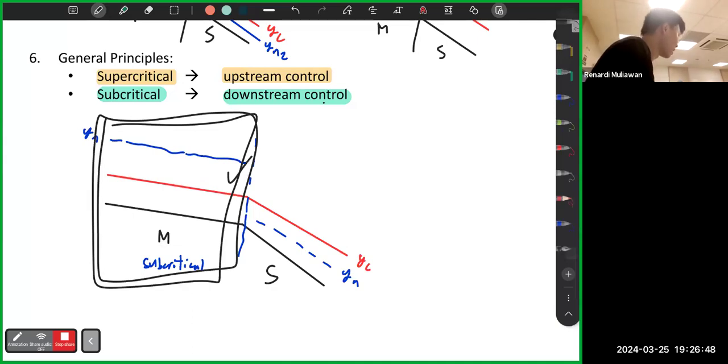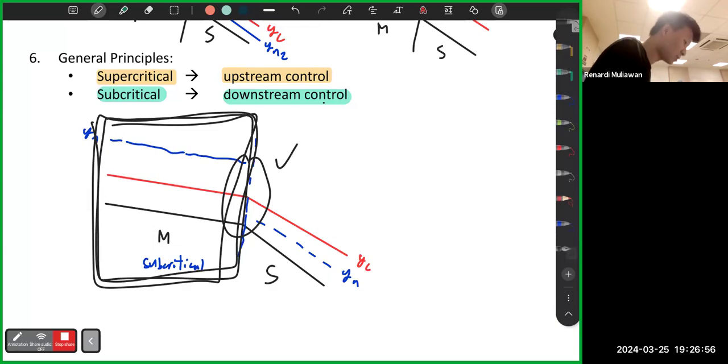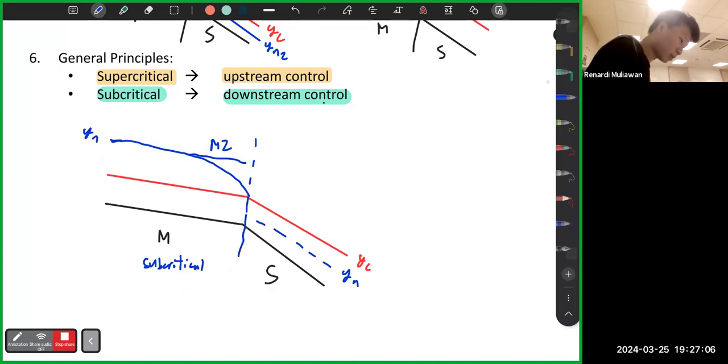That's what this sentence means. If there's a change, then there will be a curve. What's the curve here? It's M2 because it goes from here to here. Then we can continue for the next one.